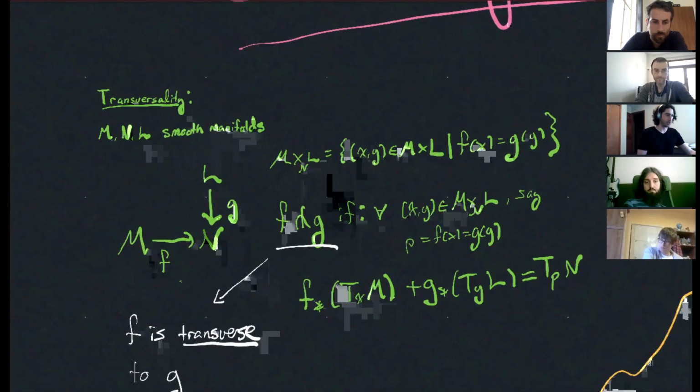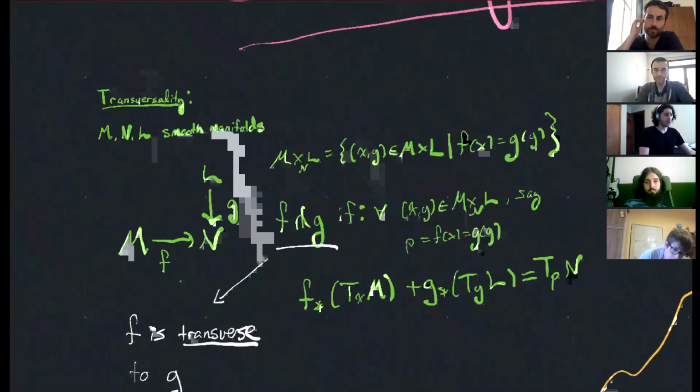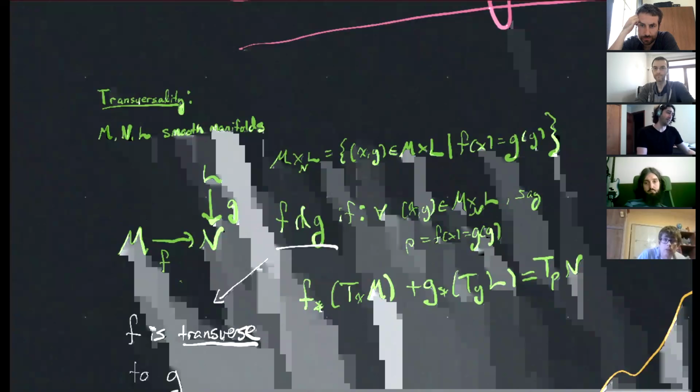All right. So just to remind you what it means to be transverse. If you have smooth maps, say F and G, from two different manifolds M and L to another manifold N, you can look at the points of M and L which get mapped to the same point in N. You say that F is transverse to G if at all such pairs of points, the sum of the images of the tangent spaces together generate the tangent space of the image.